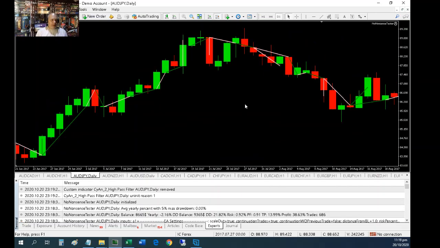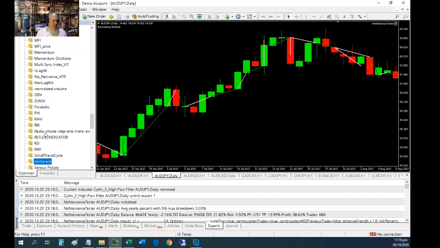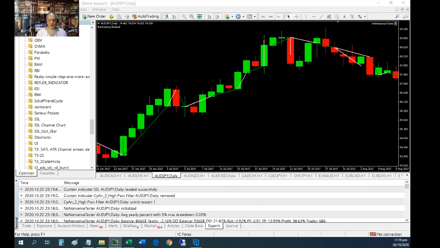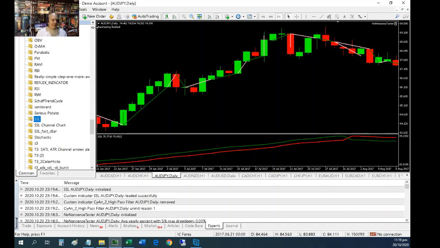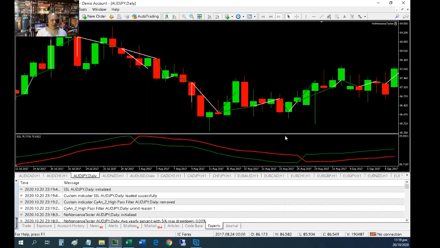So let's delete that indicator. Now here comes the tricky part. We'll test the opposite two line and the two line cross. So let's load up the indicator first. This is another popular indicator, the SSL. We'll go to this section here.